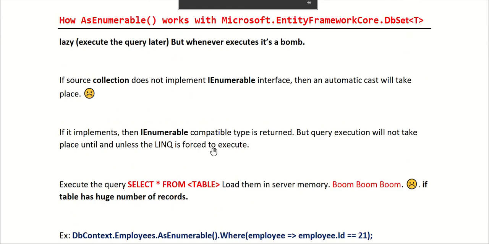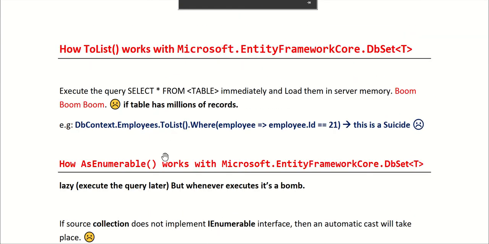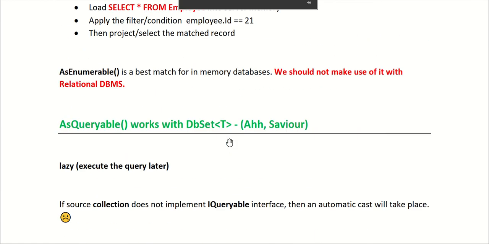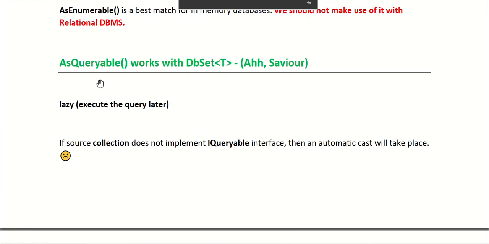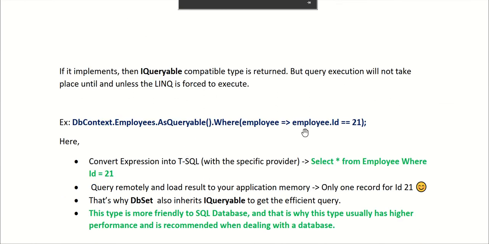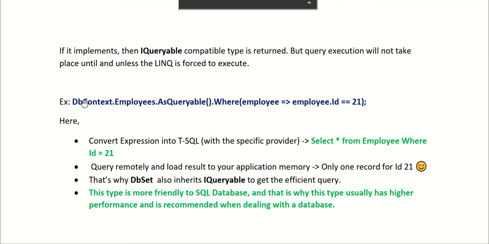If you see this or this kind of thing, immediately remove them and replace it with AsQueryable. Then correct the queries, or the LINQ queries I can say. This should solve almost all issues associated with the performance of your database operations.